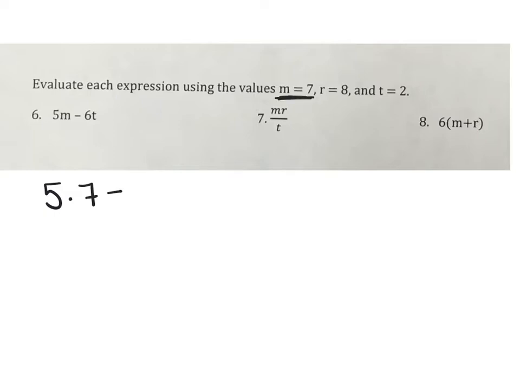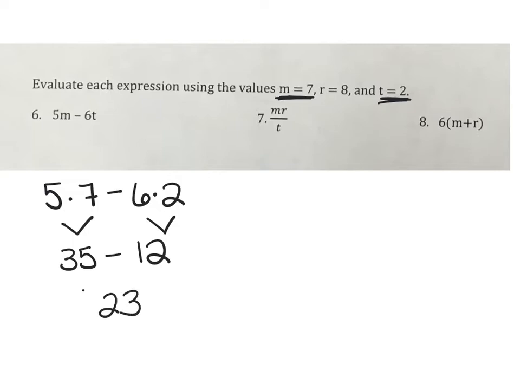Minus, and then we have 6t, and t is 2, so 6 times 2. And then following order of operations, we multiply first, so 5 times 7 is 35, minus 6 times 2 is 12. And then we can do 35 minus 12, and you will get 23.